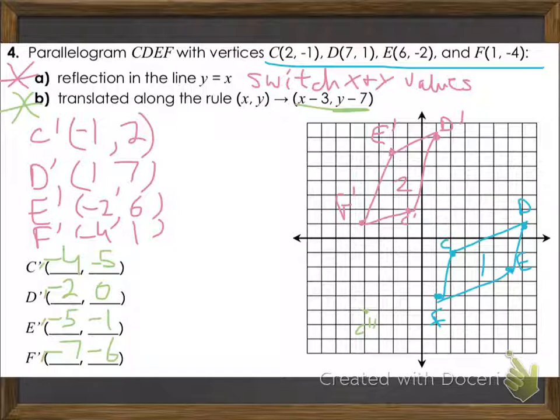It's not going up or down because it has that 0. So that's going to be D double prime. For E double prime, we go to the left 5 and then down 1. So that's going to be E double prime. And then for F double prime, we go to the left 7 and then down 6. So that is going to be F double prime.